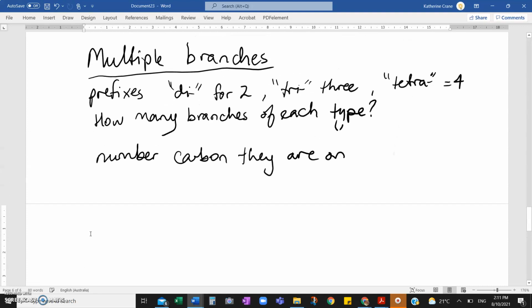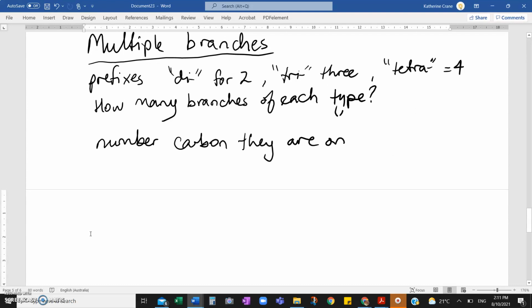Lowest numbering always. So let's do one of the simplest ones we can do, a propane group. Okay, so we can substitute not just one. We won't do the ends because one carbon on the end just makes it a butane chain.